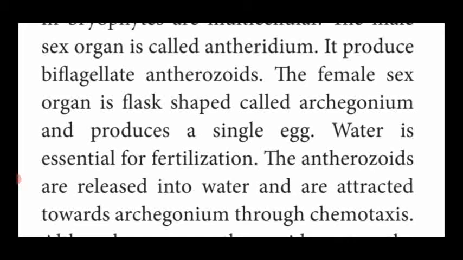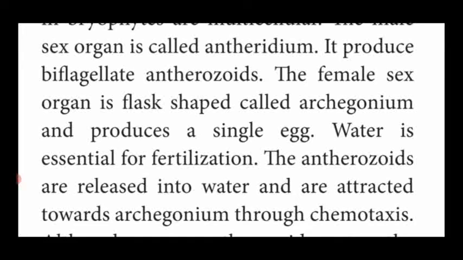Dear students, in the general characteristic features I told you, water is essential for the fertilization process. That's why bryophytes are named as amphibians of the plant kingdom, isn't it? So this antherozoid with the two flagella swims in the water, because it is produced in different thalli, isn't it? To swim in the water and reach the archegonium and fuse with the egg.